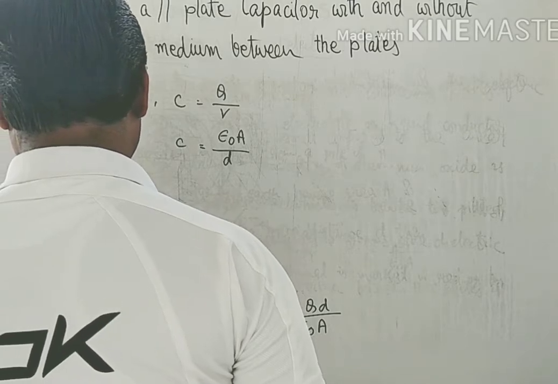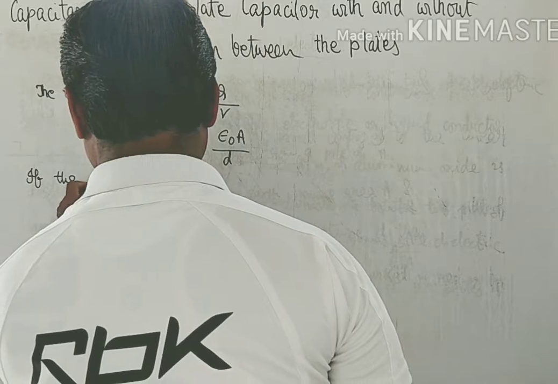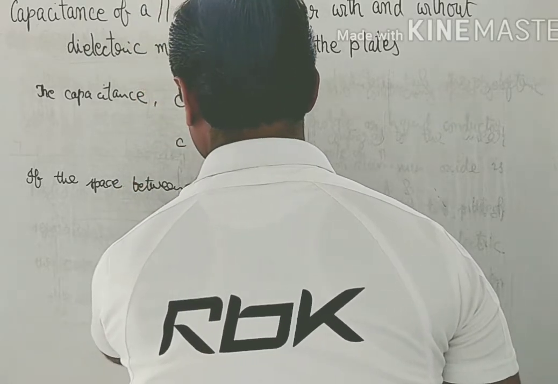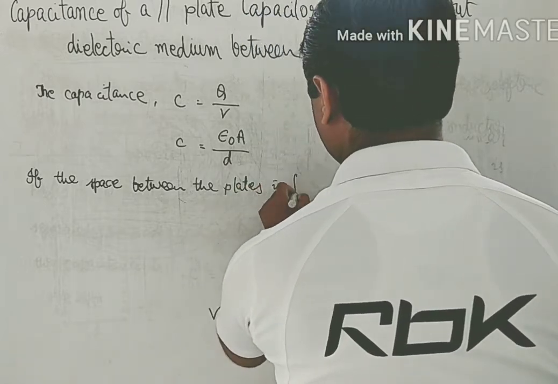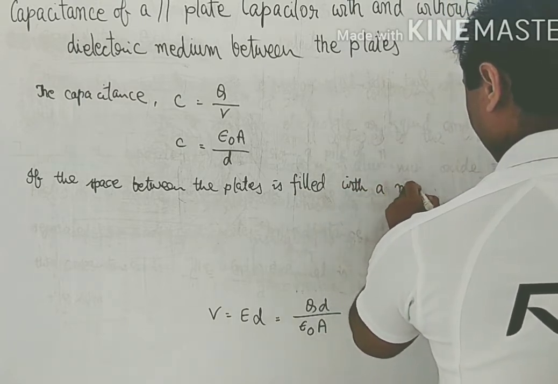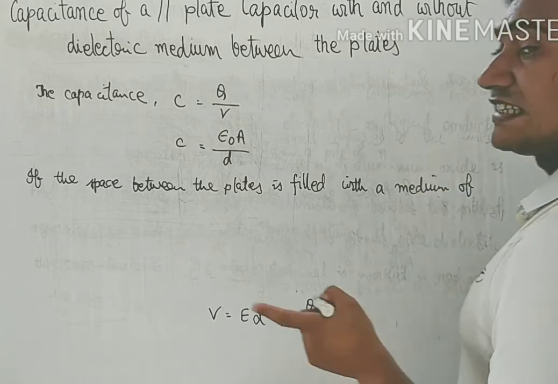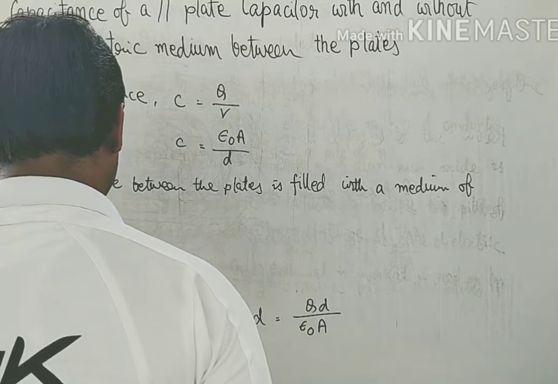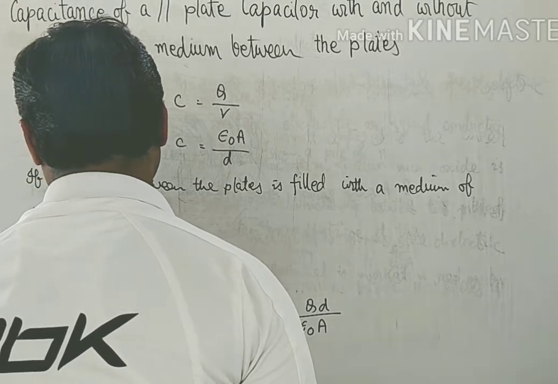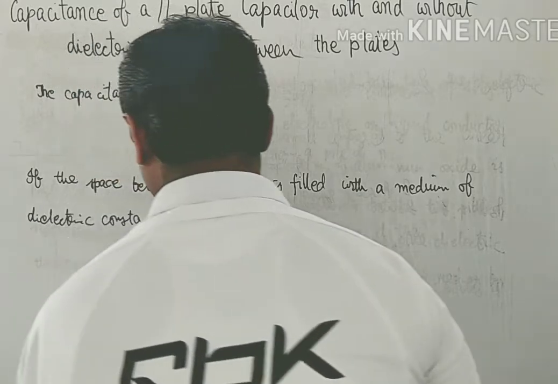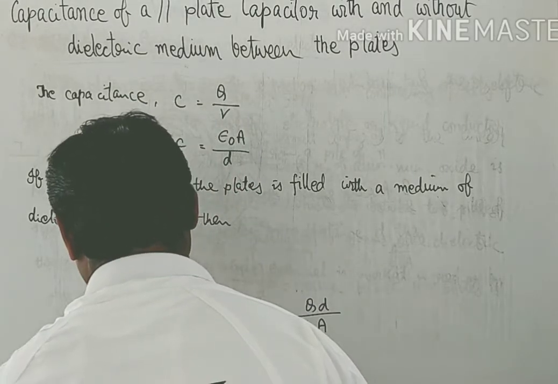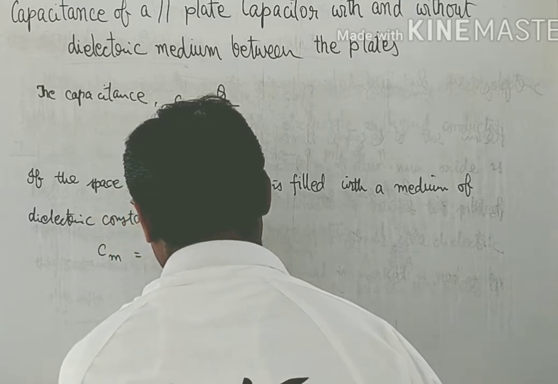If the space between the plates is filled with a medium of dielectric constant, say K, then we can write the capacity in that medium Cm equals K epsilon naught A by d.